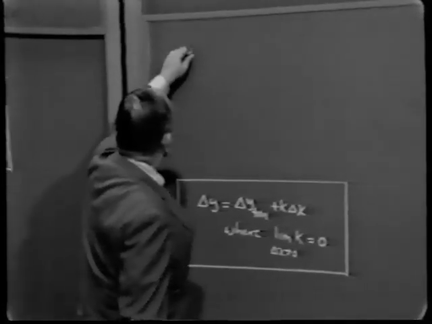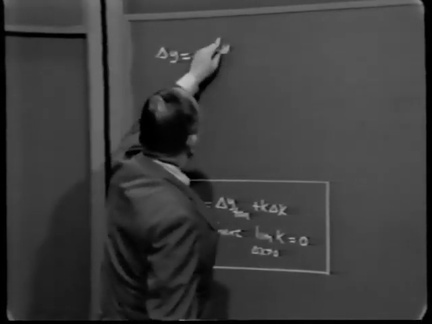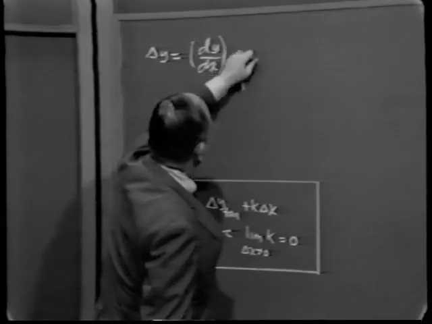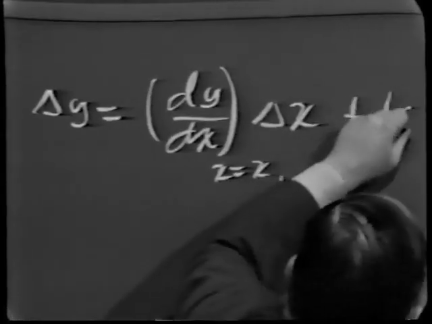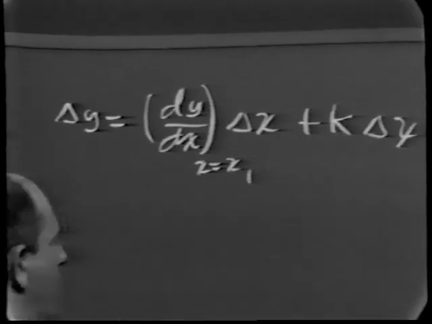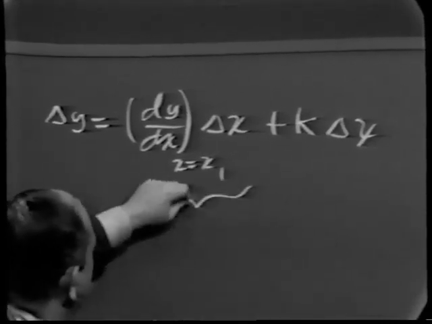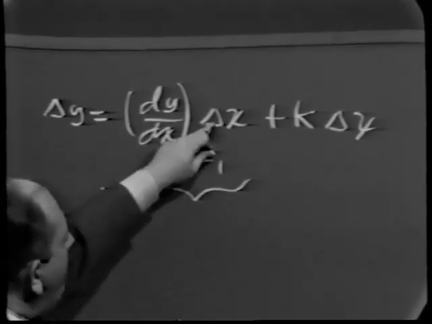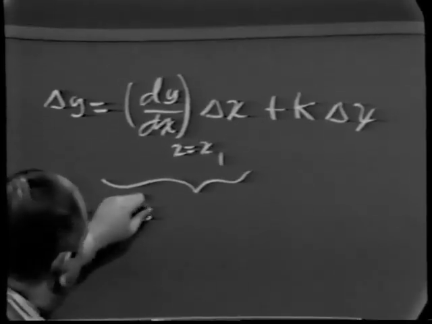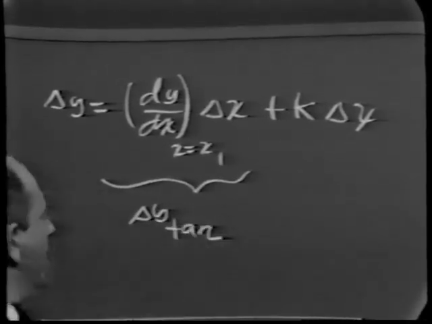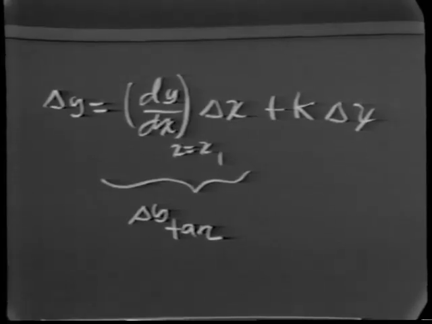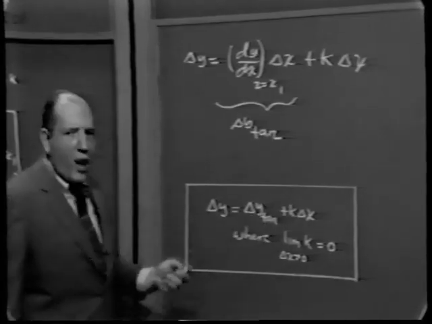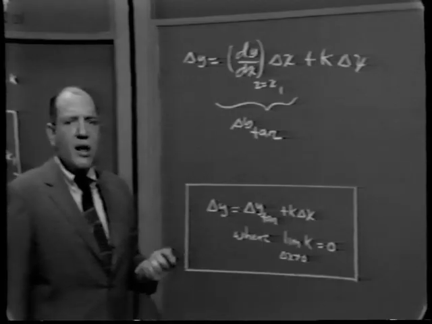I wind up with that delta y is dy/dx evaluated at x equals x1 times delta x plus k delta x. Now, if I keep in mind here that if I take the slope at a particular point and multiply that by the change in x, that's precisely what we define to be delta y tan. If I put this all together, I get what? That delta y is equal to delta y tan plus k delta x, where the limit of k as delta x approaches 0 is 0.